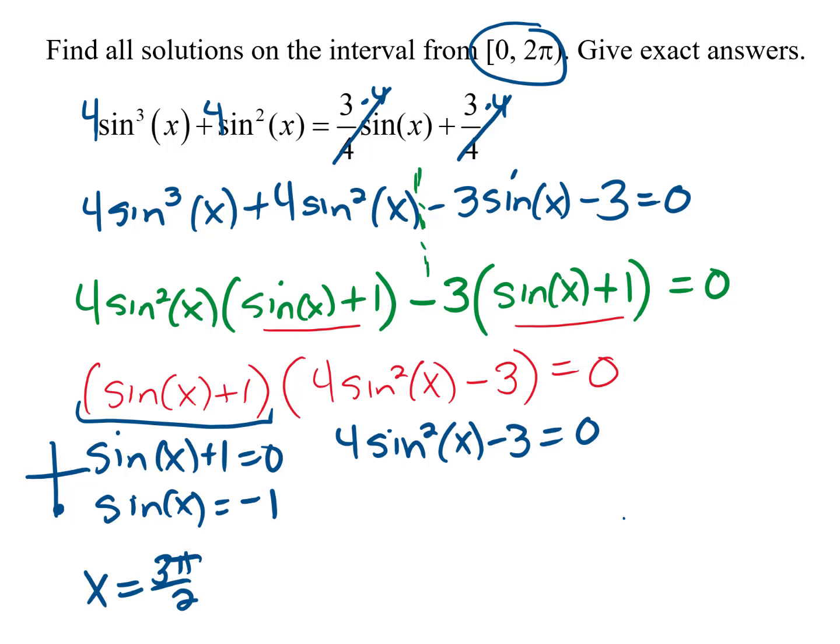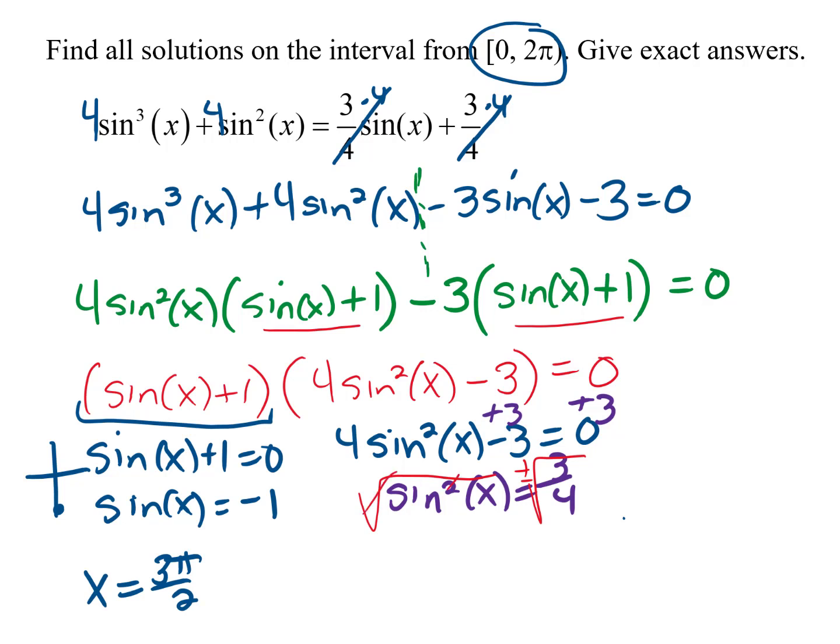Now I'm going to come over to the second equation. I'm going to add 3 to both sides, and then I'm going to divide by that 4. So I'm going to have sine squared x equals 3 over 4. And then the last thing I'm going to do is get rid of the squared by square rooting both sides, but I need to put a plus minus on there when I do that.